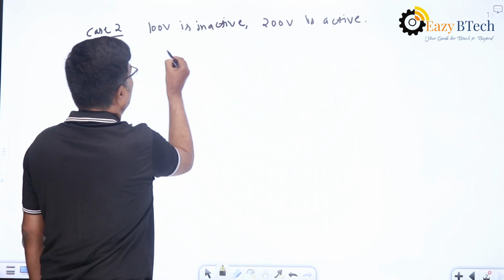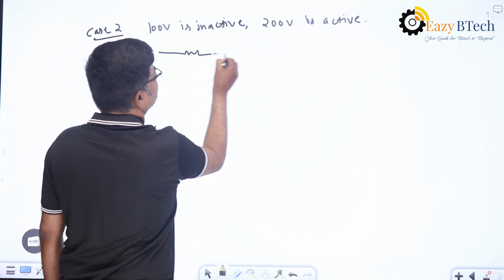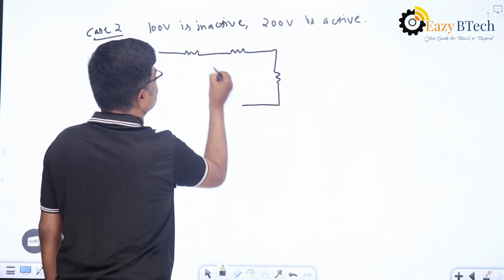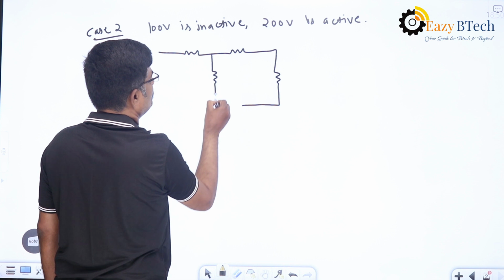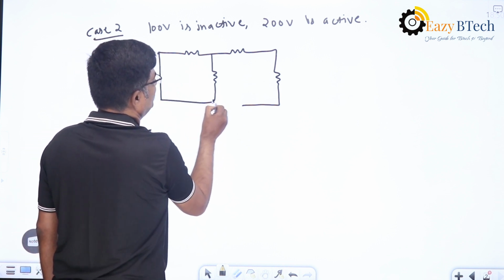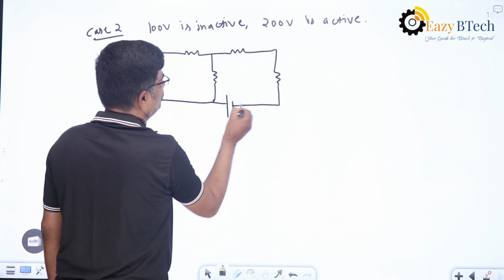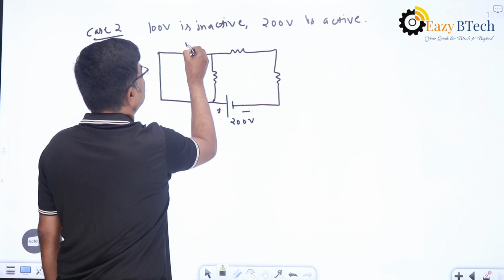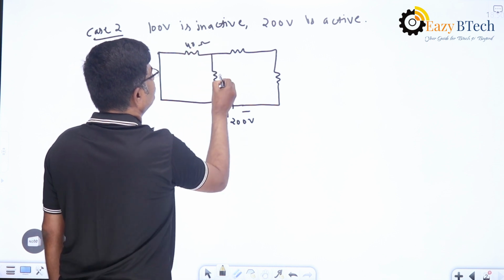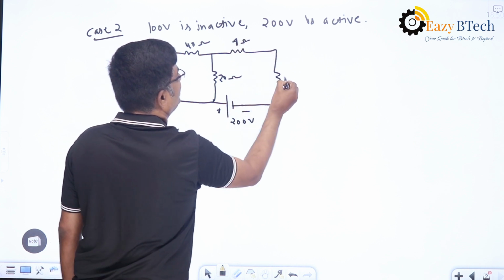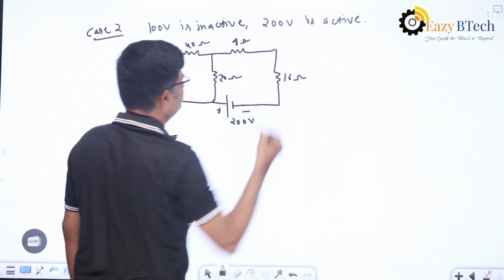Once again my diagram will be simply: here the 100 volts is shorted. Here I am having the 200 volt source, this is 40 ohm, this is 20 ohm, this is 4 ohm, and this is 16 ohm.